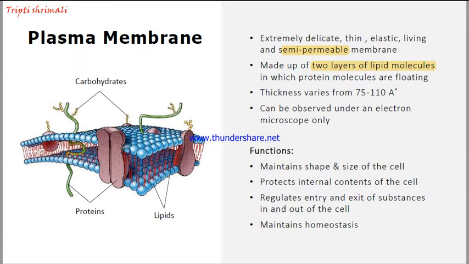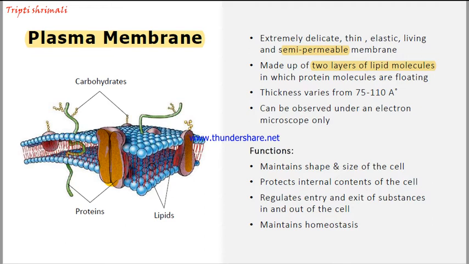Okay, the structure of plasma membrane which you see here is a fluid mosaic model in which the lipid bimolecular layer is acting as a fluid and these are the proteins present here. They are in the floating form. That means they can move in the lipid bimolecular layer.